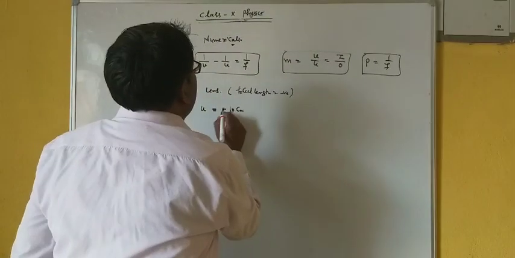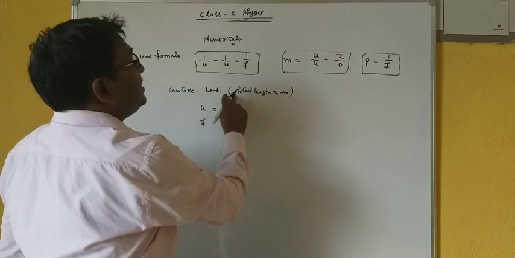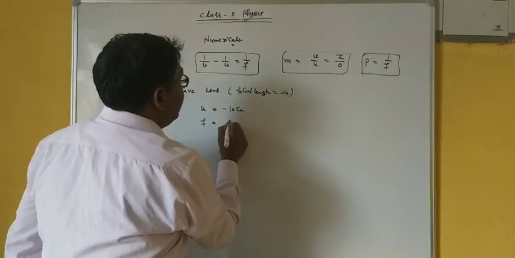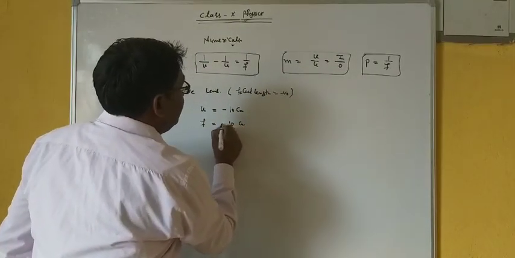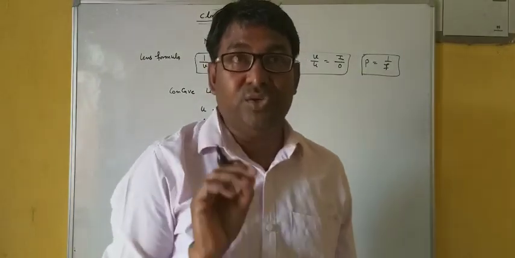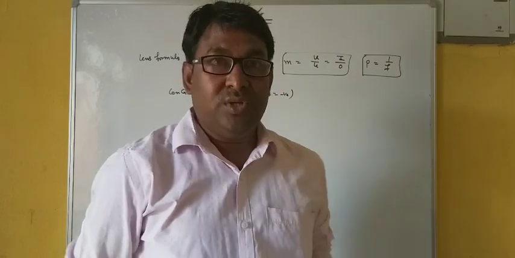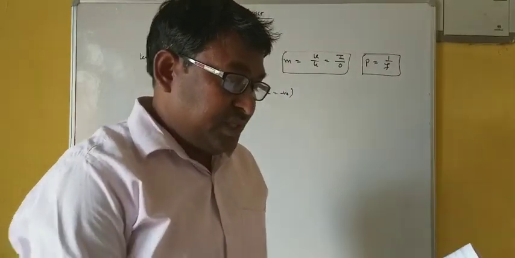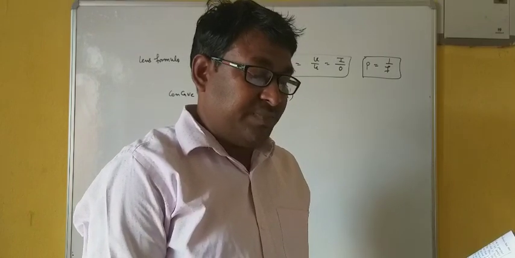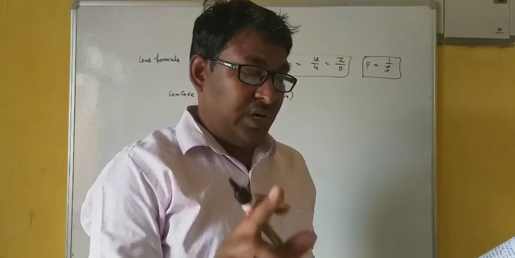And the other value given is the focal length, 10 centimeter. I have already told you, concave lens means focal length negative, so the focal length of 10 centimeter you have to put as negative, since it is a concave lens. So an object is placed at a distance of 10 centimeter in front of a concave lens of focal length 10 centimeter.